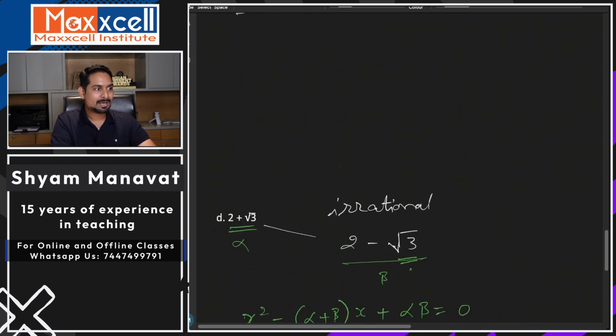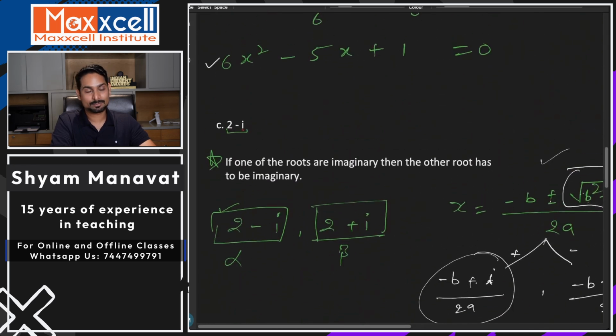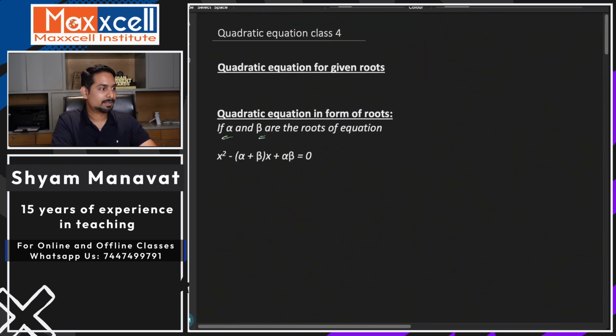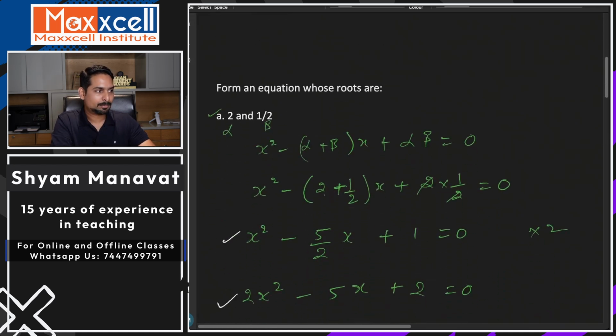So we understood how to get the quadratic equation when roots are given. Where the roots are normal numbers like positive integers or even fractions, that's fine.